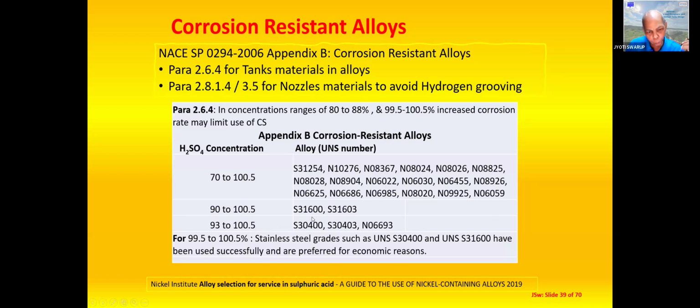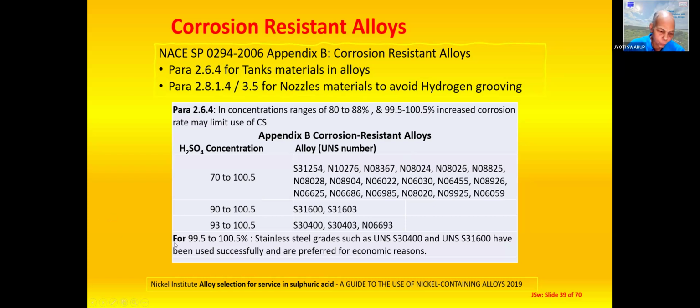The most economical solution obviously is carbon steel, but if you cannot use carbon steel, go for 304. If not, then go for 316 or nickel-based alloy. So it is increasing in cost, and you have to look at the specific application that you have, the concentration you have, temperature you have, how often you are using it, loading, unloading, and so on and so forth.